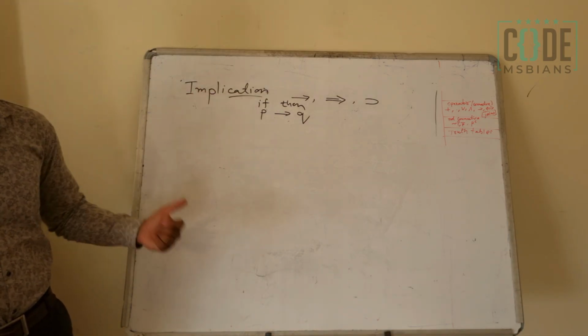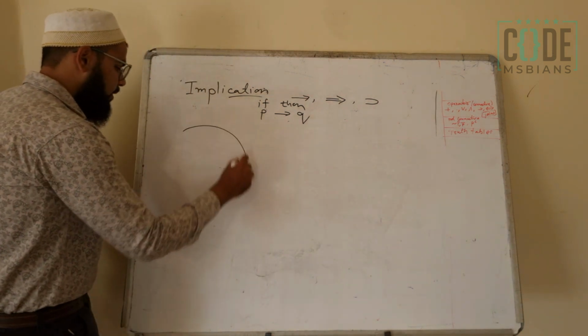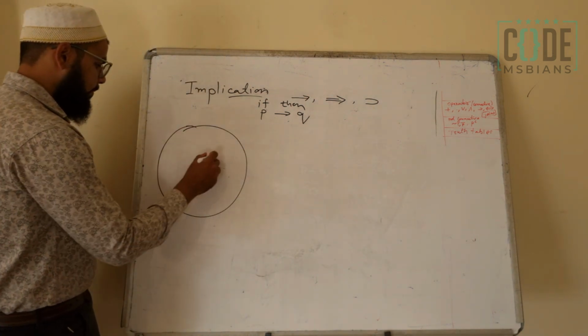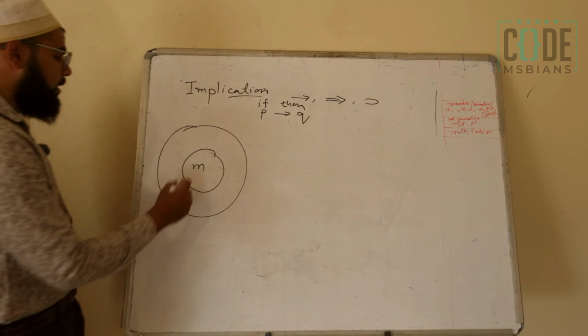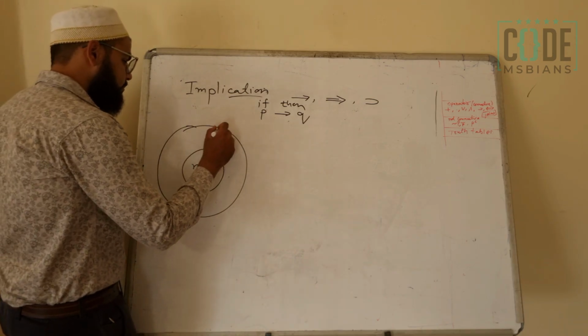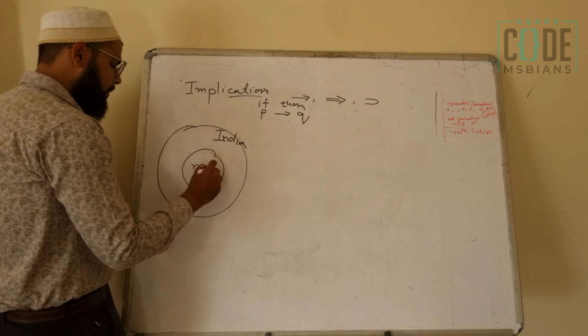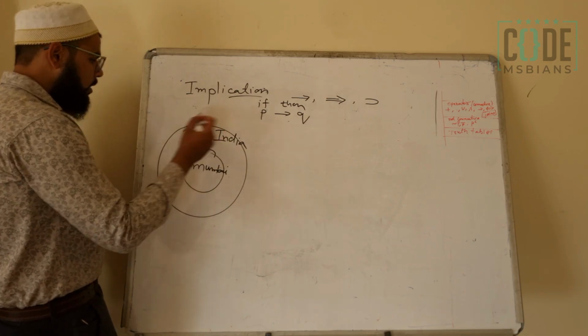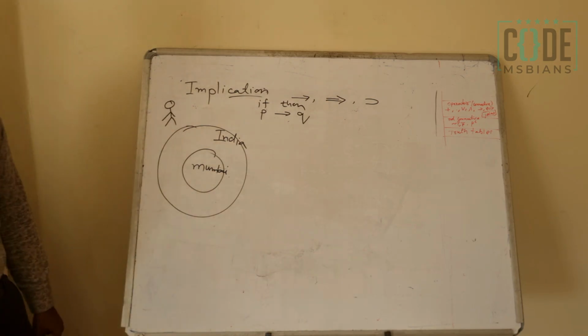So this if-then relationship is there when we talk about implication. Now how does implication work, what's the concept? See, imagine that I make a Venn diagram here. Let's say this is Mumbai, and this is India. Mumbai is in India. Now there is a man, and we will discuss him.